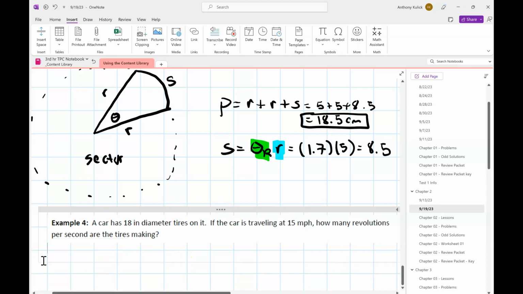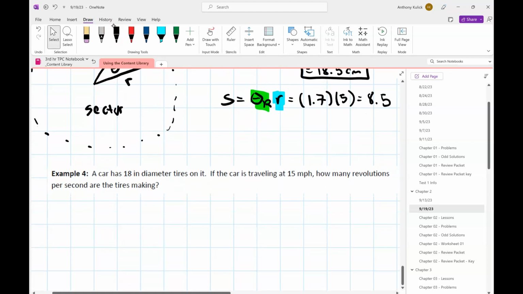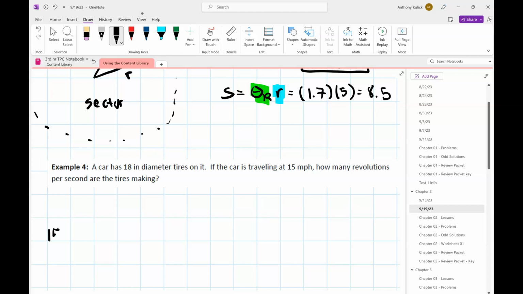So here we say that a car has 18-inch diameter tires on it. It's traveling 15 miles per hour. How many revolutions per second are the tires making on the car? Oh my. All right.